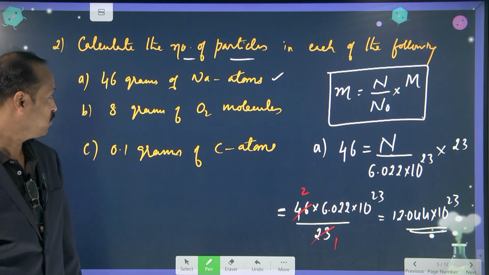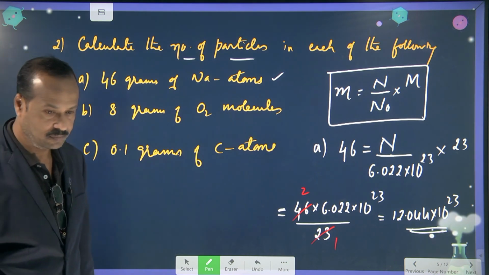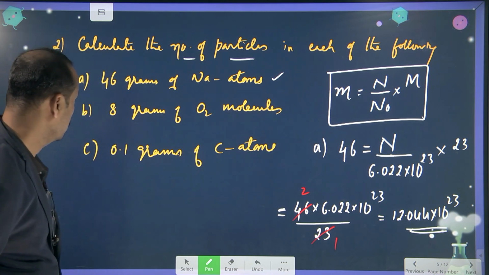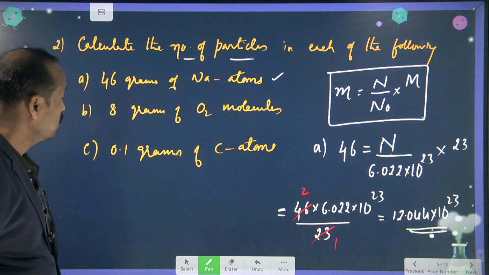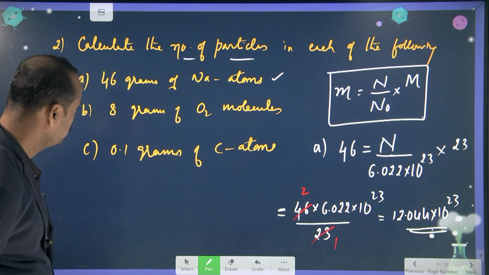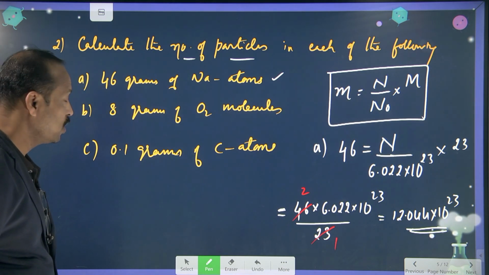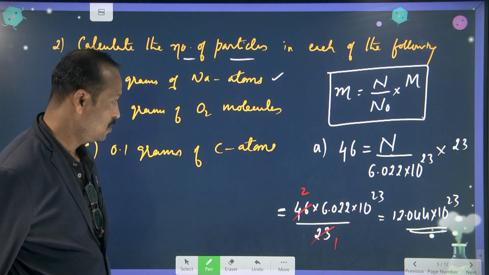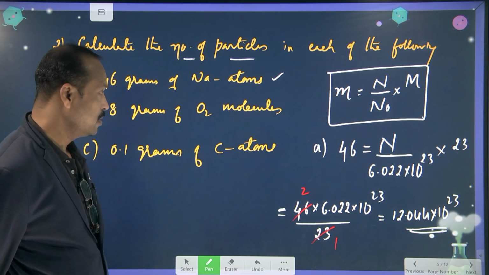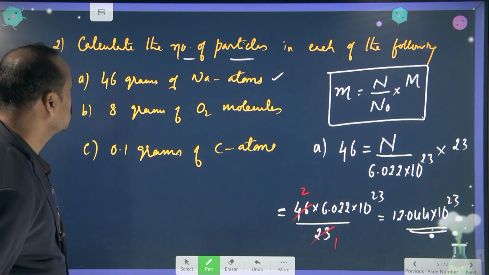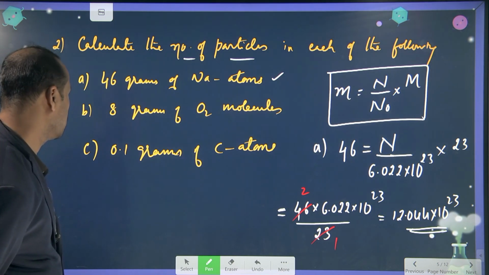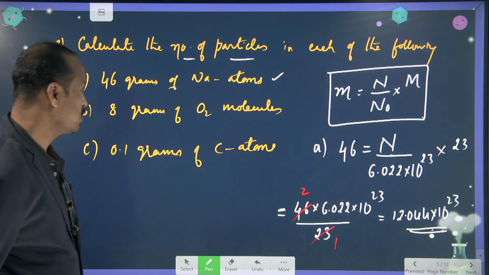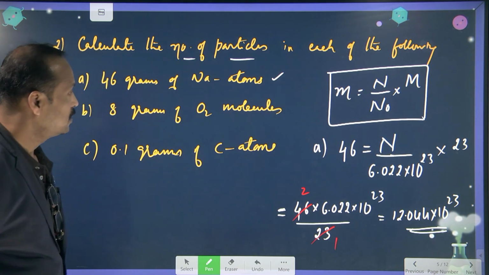Remaining, by applying the same formula, you can do the remaining sums also. Which one? Second one. Second one, how much did you get? 6.022 into 10 power 23 by 4, I got. Oxygen is 16, so 32. Okay, 8 by 32 is 1 by 4, correct only. So 1 by 4 of 6.022 into 10 to the power of 23.